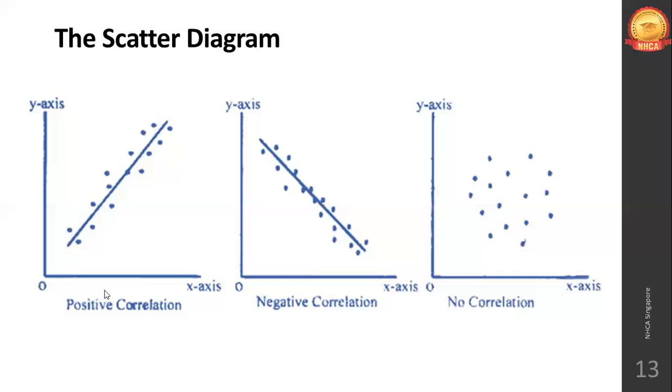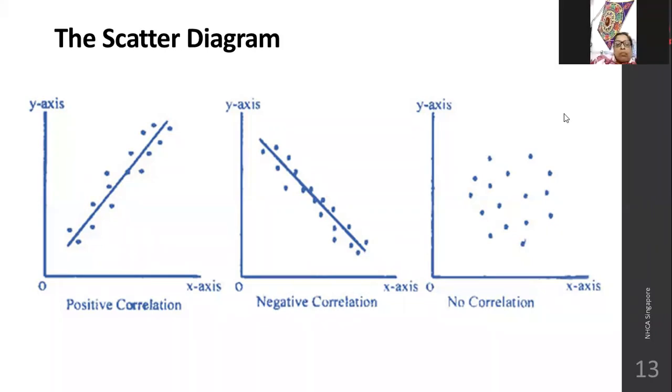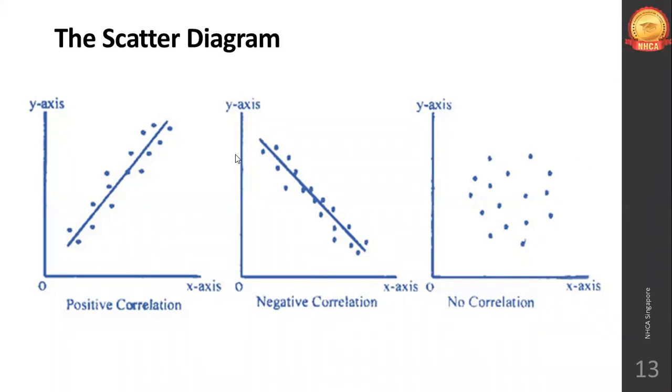Just by looking at the gather, if an upward line has been formed, it is positive correlation. If the dots have gathered in such a way that it shows a downward slope, that is negative correlation. And if you can't find any line whatsoever, that's no correlation.